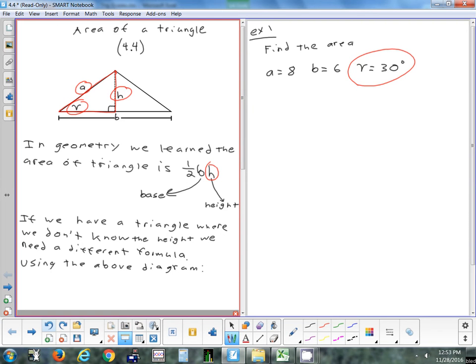They're giving me B as well, but I don't want to circle it because I don't want to confuse you right now. I want you to focus on the three things that I circled. What's the name of the side that's farthest away from the angle? Opposite. And what about the name of the side across from the 90? Hypotenuse.